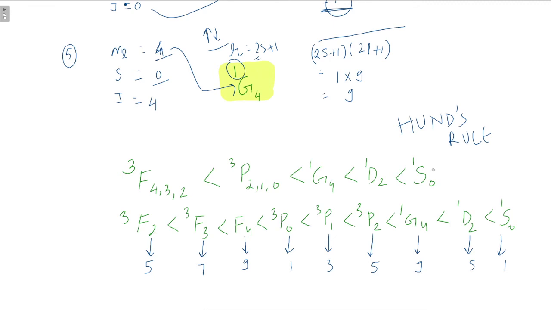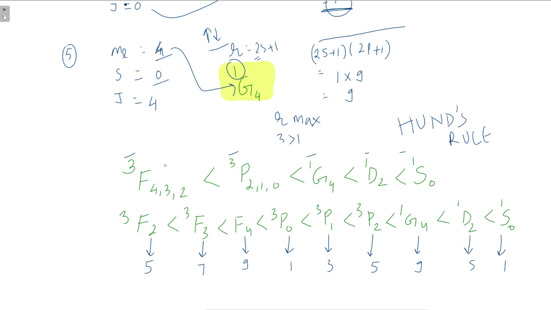We consider the value of R first, the spin multiplicity. So the value of R should be maximum. Among all these, which is the maximum value of R? 3, like 3 here, 3 here. Then we have 1, 1, and 1. So 3 is greater than 1. So we place 3 as the ground state.